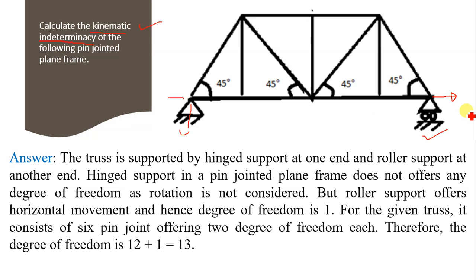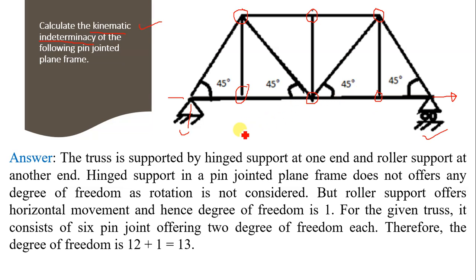Now let us calculate the number of joints. How many joints are there? Joint number 1, this is joint number 2, this is joint number 3, this is joint number 4, this is joint number 5, and this is joint number 6.